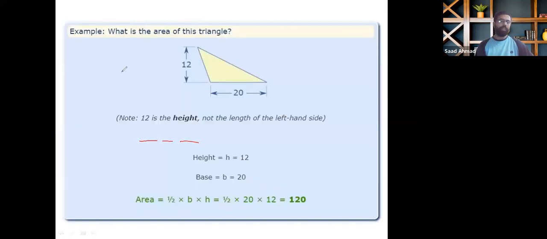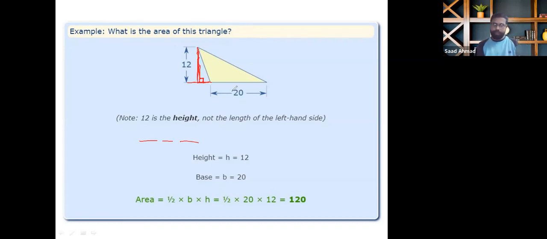All right, so let's say this is just an example, like the one that I gave you before. If this is outside, then we measure this height here. We extend this line and draw the perpendicular on it. And then what height do we get? That is the height. So this is h, this is 12.